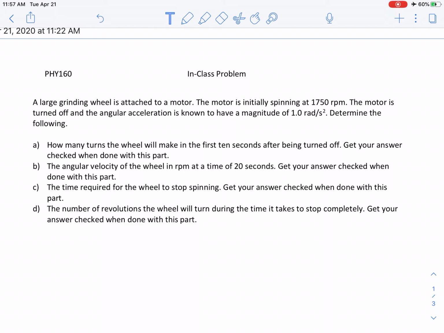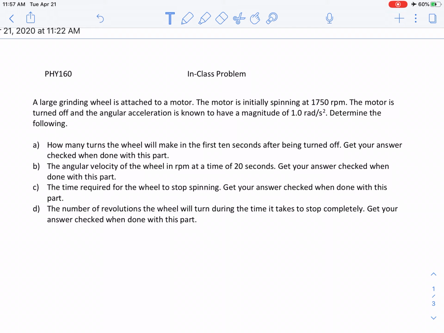If you choose the angular velocity to be positive, and we can always choose the direction of the rotation, then the acceleration is going to be negative because it's slowing down. They are not telling us, it just says the magnitude, but we need to consider the directions as well. Don't skip that, because if you do, you're going to get it wrong.